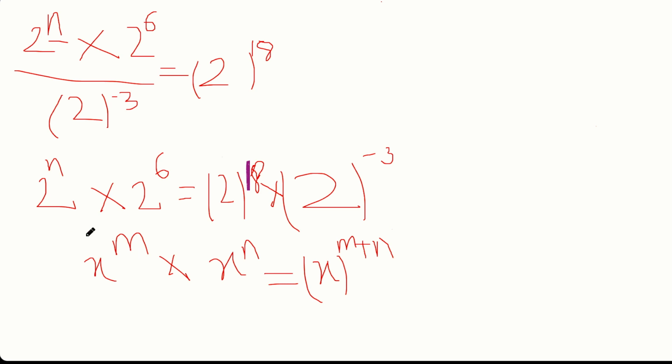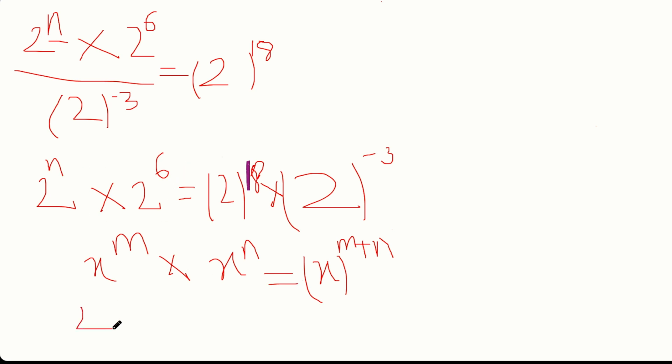So we can apply this on both sides. Here the bases are same: 2 raised to power n multiplied by 2 raised to power 6, the powers being n and 6. In the same way on the right hand side, both have the base 2 but the powers are different, 18 and minus 3. When the law of exponent of addition is applied, the powers get added.